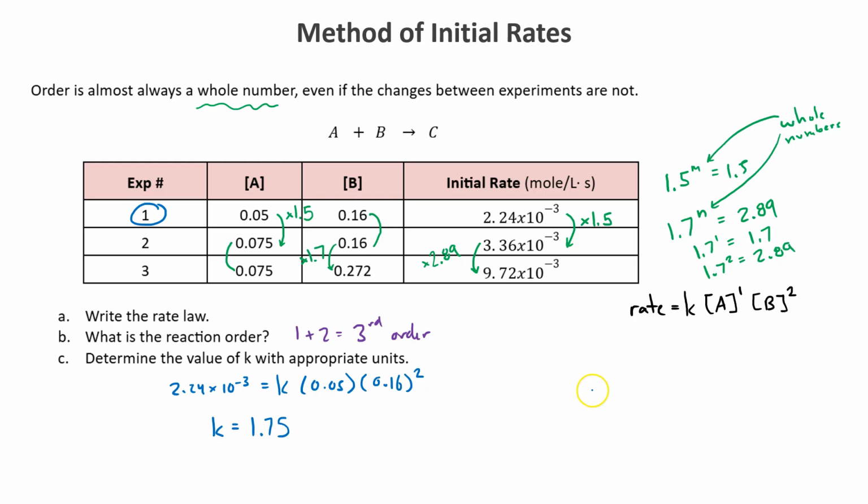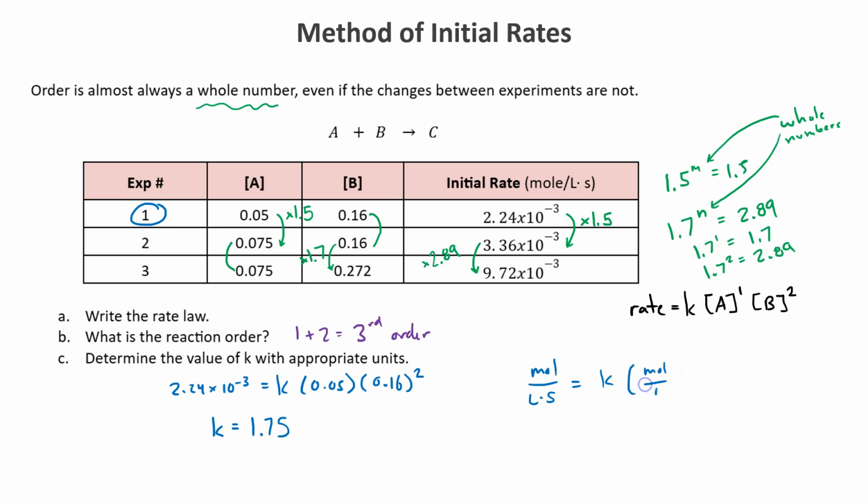We also need to get the units on K, because remember, the units on K are different depending on this total reaction order, this third order thing. If you don't know what the third order K units are, you can do that math again, but this time, instead of plugging in the number for what the rate is, plug in the units on rate, moles over liters times seconds.